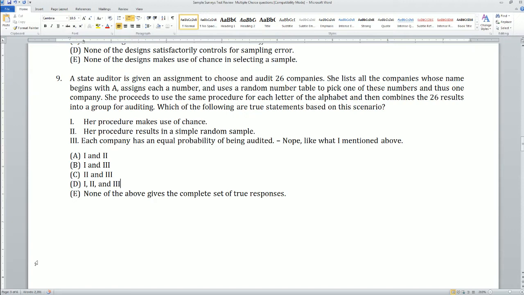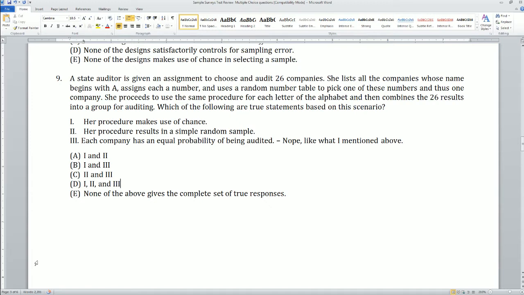Is it A? You say one and two are correct? Okay, so tell me how number one is true. Her procedure makes use of chance. Because she lists all the companies' names and then she randomly picks a number. Okay, that's correct. Now, two, how's that a result in SRS?